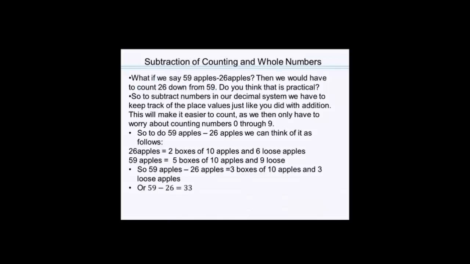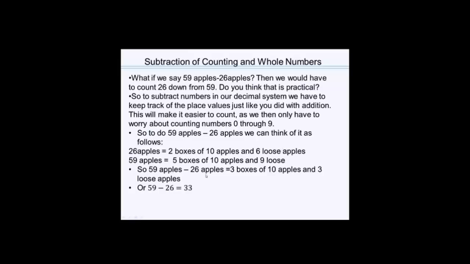All right, so before we talked about 59 apples minus 26 apples, what would we do? We knew it was not practical to count down. So we can think of 59 apples as 5 boxes of 10 apples and 9 loose apples, like we did when we were doing addition. 26 apples is 2 boxes of 10 apples and 6 loose apples.